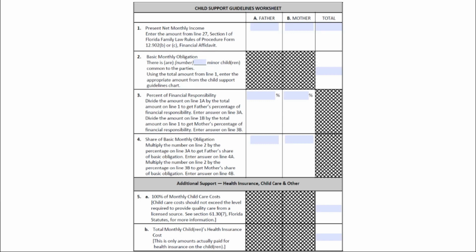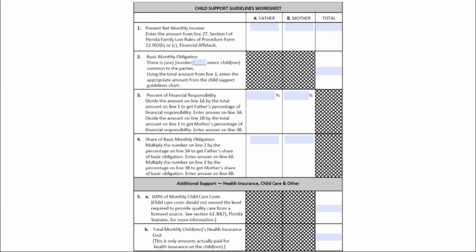Similarly, in order to determine the mother's share of the basic obligation for the minor child or children in common to the parties, you must multiply the number on line 2 by the percentage on line 3B in order to determine the mother's share of the basic monthly obligation. And make sure to enter this answer on line 4B.